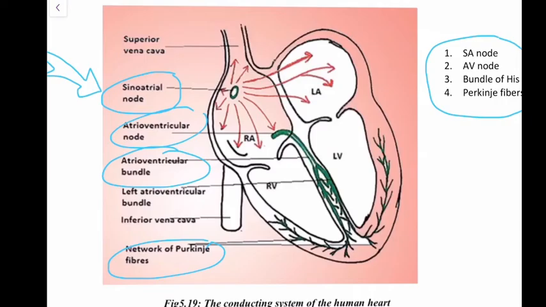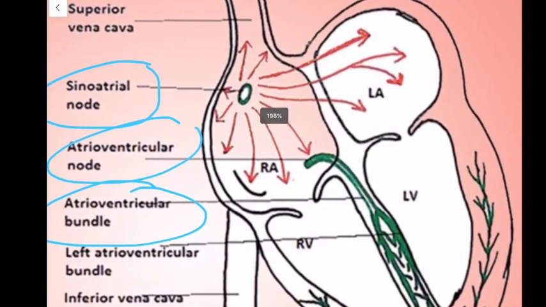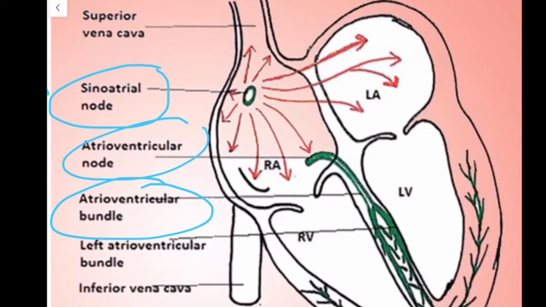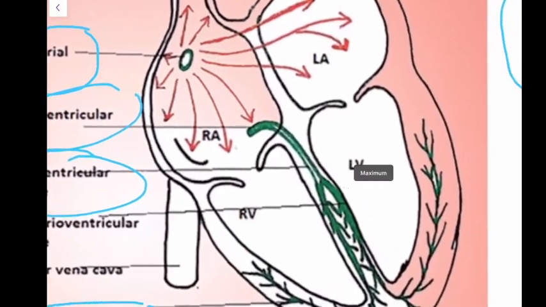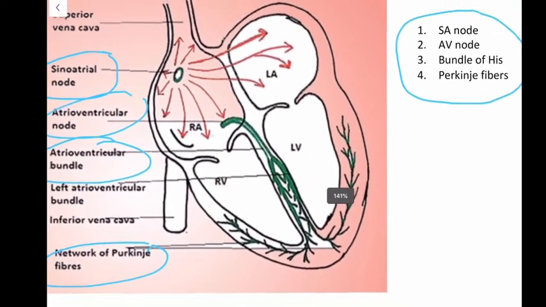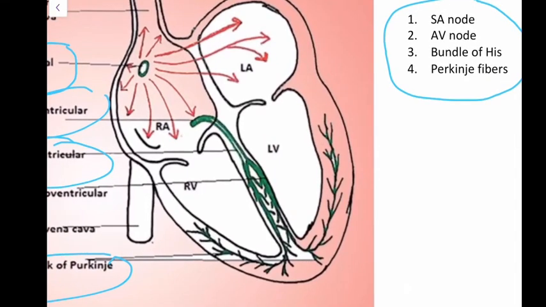So when an impulse is generated from the SA node, as shown here in the red arrows, it will travel throughout the atrial cardiac muscle, and when it reaches the AV node, it is carried via the bundle of His, and then its branches and then the Purkinje fibers towards the apex of the heart, and from there these impulses will go upwards and outwards of the myocardium, causing it to contract.